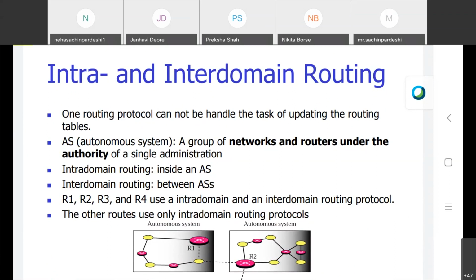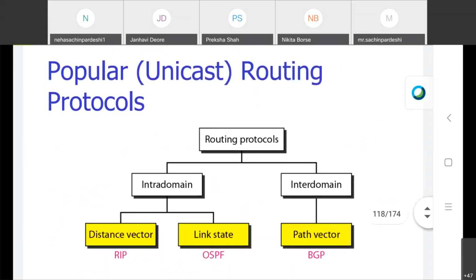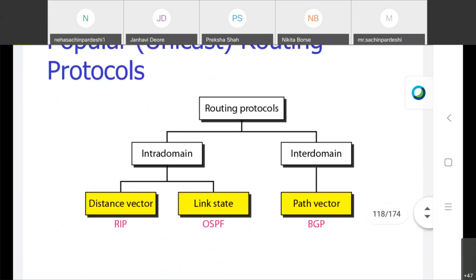So in the next week, again I have scheduled 3 lectures. In these lectures, I am going to cover the different protocols like distance vector routing protocol, link state routing protocol, RIP protocol and OSPF protocol.